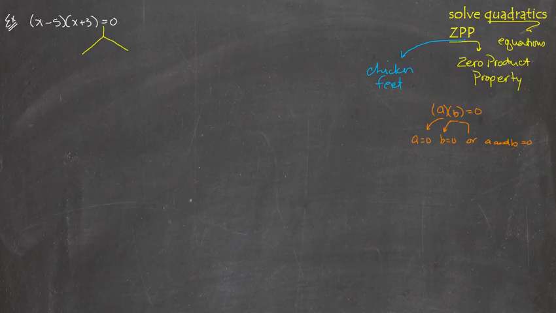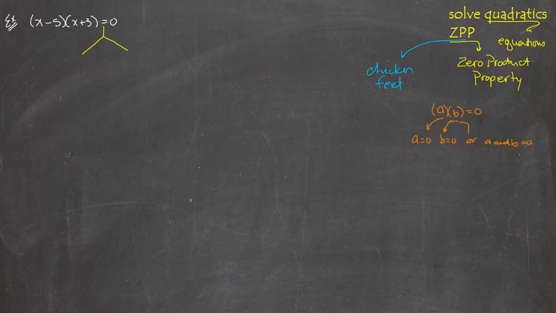I tend to set it up where I factor the problem equal to 0, and then I set chicken feet across the equal sign. The zero product property says that if two factors multiplied together equal 0, then one factor equals 0, or the second factor equals 0, or they both equal 0. So we want to use that to solve for the value of x.